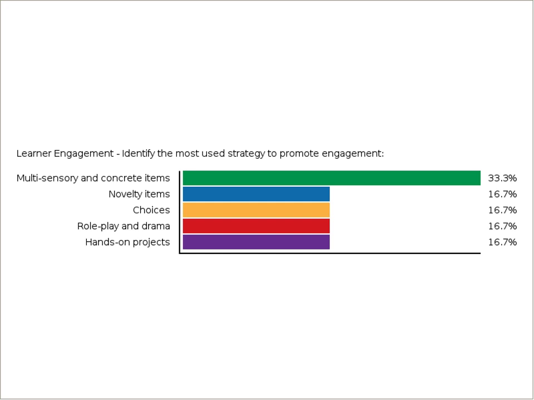I think you're almost done, and I see a couple of answers here: the multimodal presentation, that's great, humor, choices, and definitely role play, all of the above, kind of, and novelty.